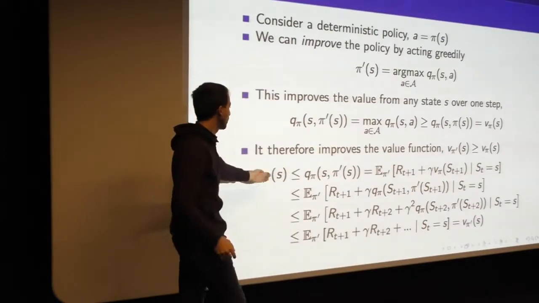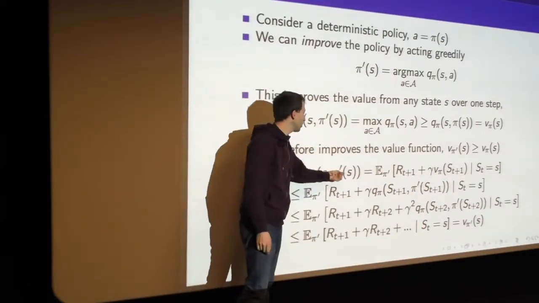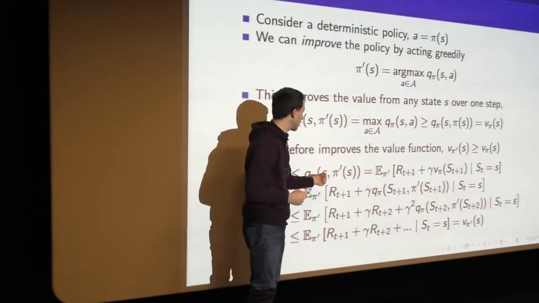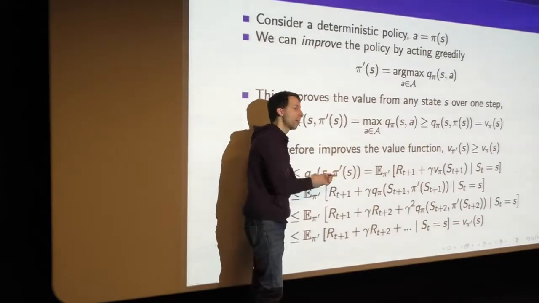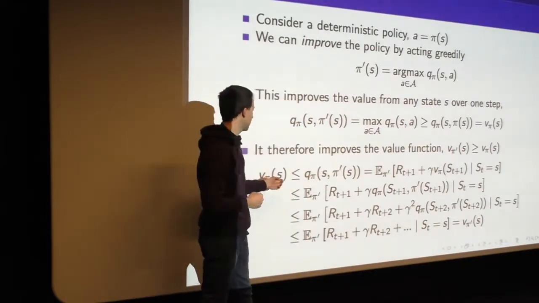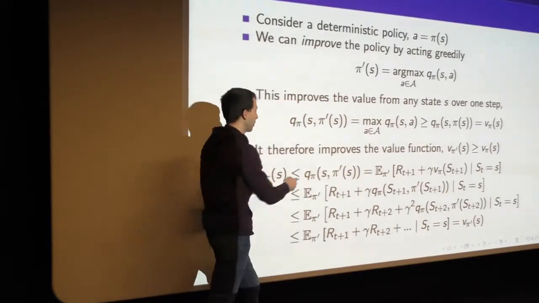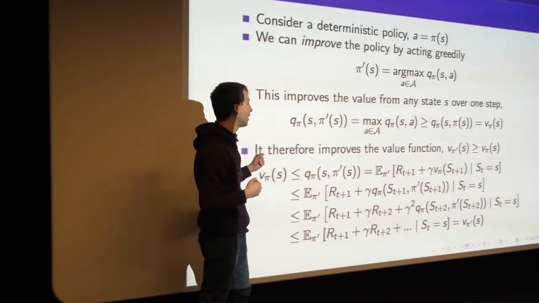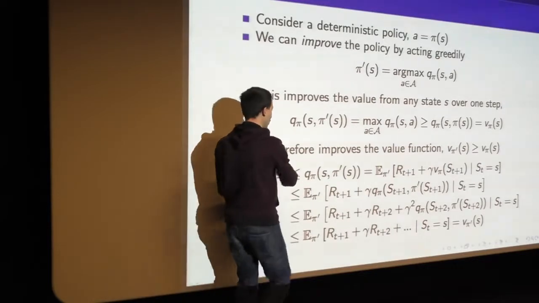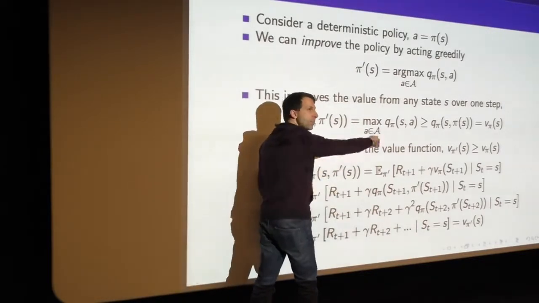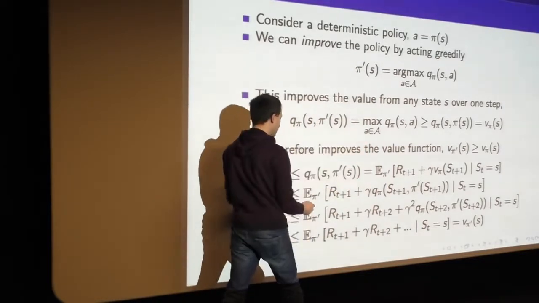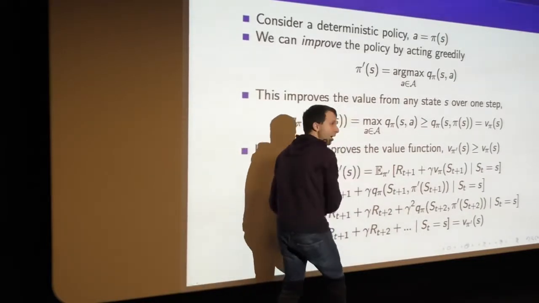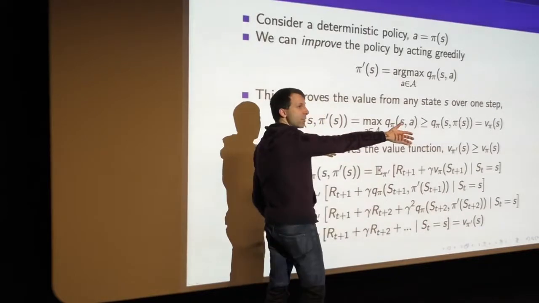Taking our greedy policy for one step is better than the thing we started with. And we're going to unroll this inequality multiple times to show, first, that it's better for one step, then for two steps, then for three steps, and eventually that it's better for the whole trajectory.